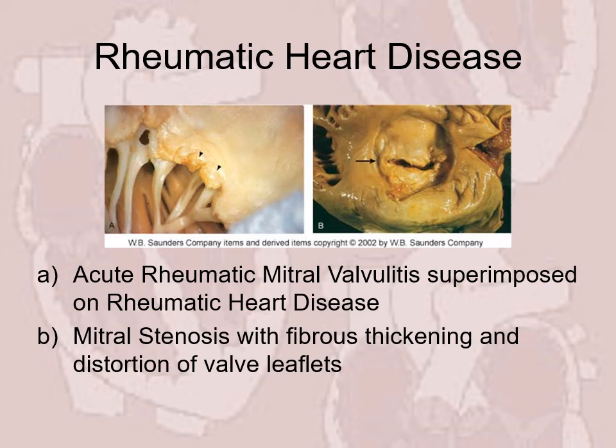You can see there how they are very fibrotic and much thicker than if you did the sheep heart dissection in A and P. You'll know those valve flaps were very, very thin. So these are very thickened and very opaque, not transparent like you would expect.